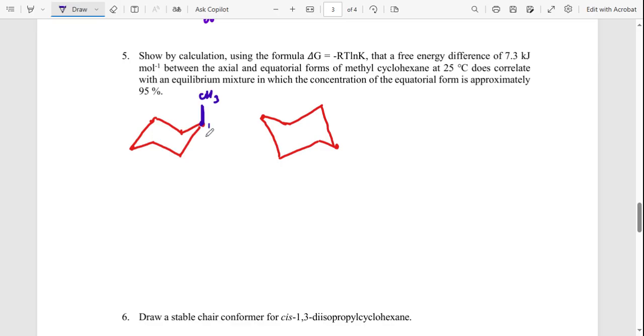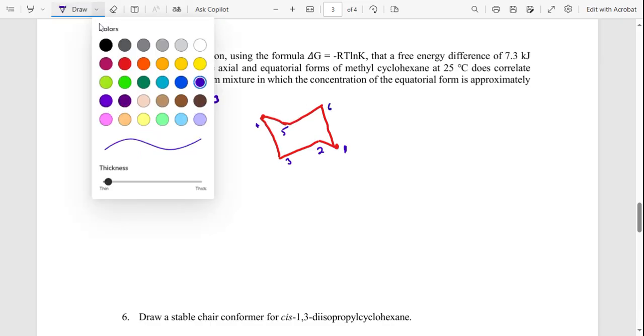This is carbon 1, number 2, number 3, 4, 5, 6. In case you don't know how to draw chairs, I've posted it. We did the class and it is on the drive. If you flip the chair, carbon number 1 will now be this one down because you simply moved carbon 1 down, carbon number 4 has been taken on top. This will be 1, 2, 3, 4, 5, and 6.